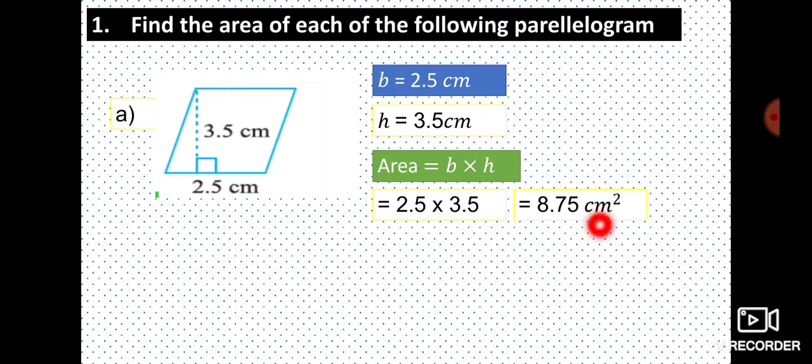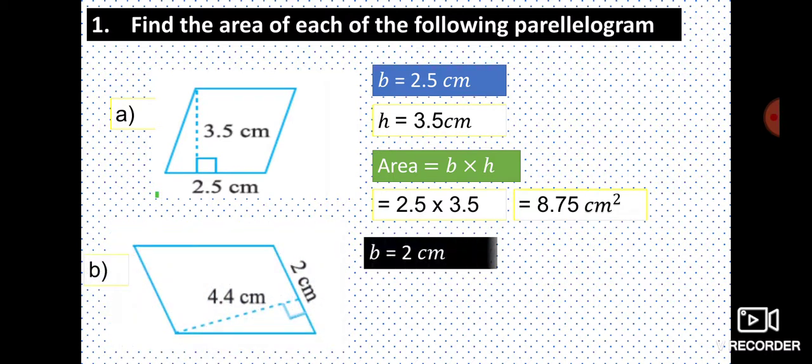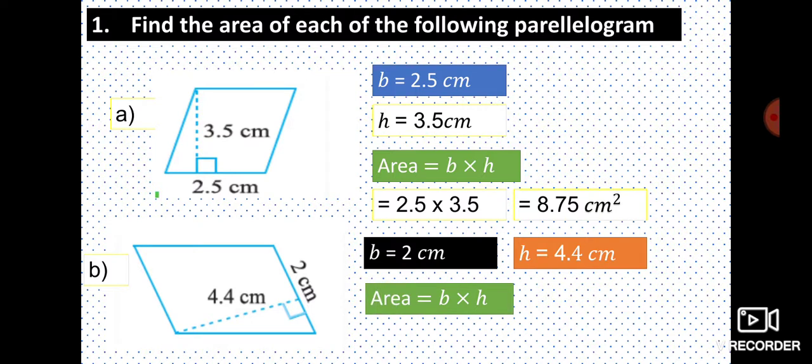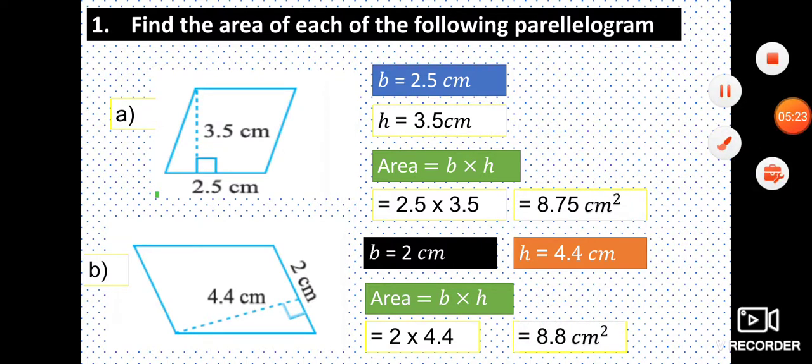So while writing notes, you use that for writing in your working column. Next figure. Here base b equal to 2 centimeter, h equal to 4.4 centimeter, area equal to b into h, that is 2 into 4.4 equal to 8.8 centimeter square.